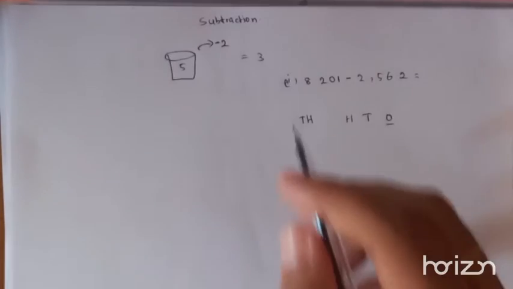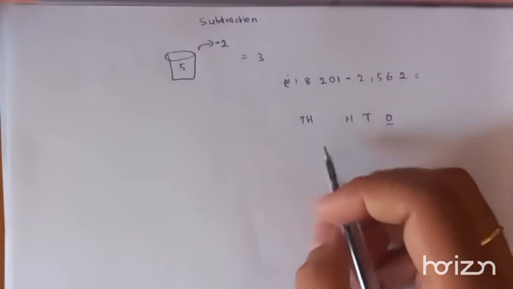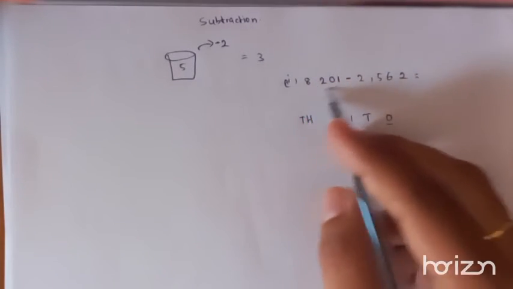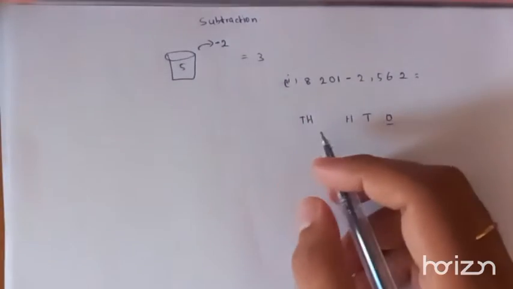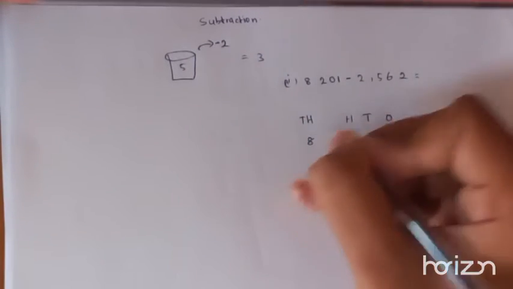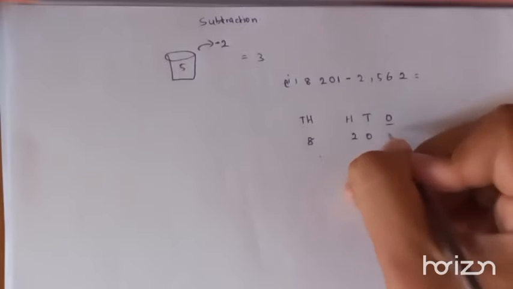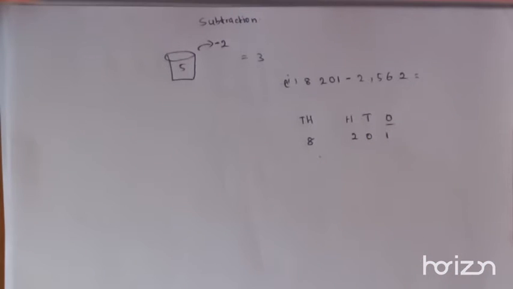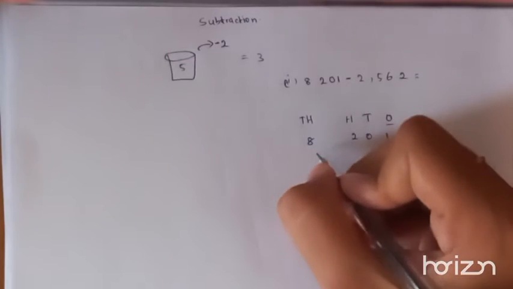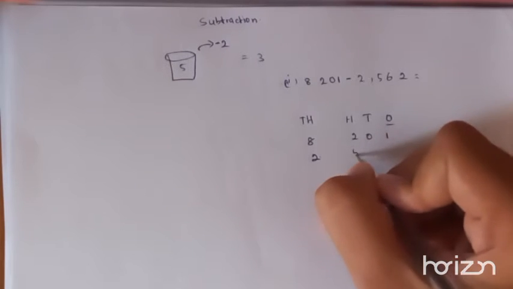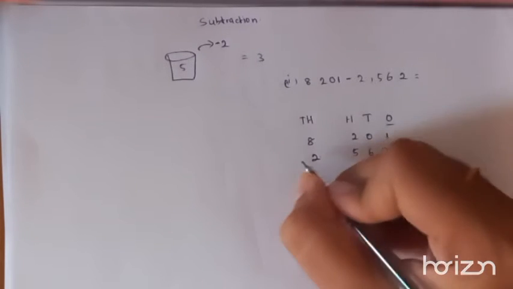First we are going to put our bigger number in here. That is the first number. The number we are subtracting from is going to come first, so we are going to be putting 8,201, and the number we will be subtracting will be next, below the number we are subtracting from.